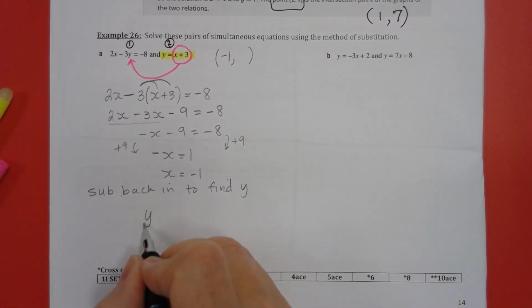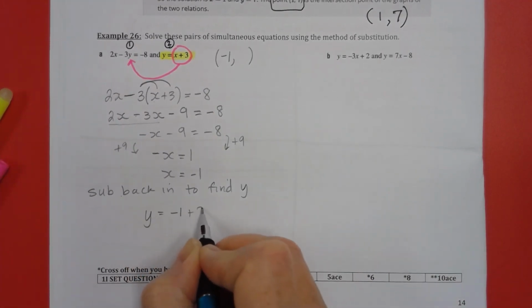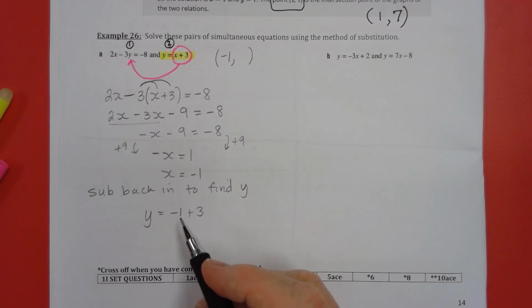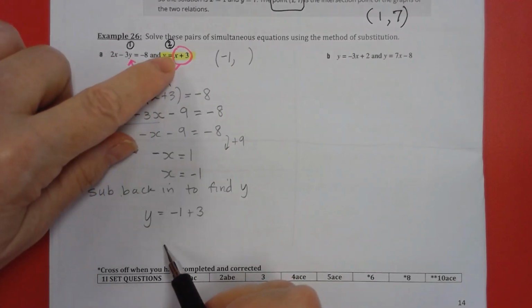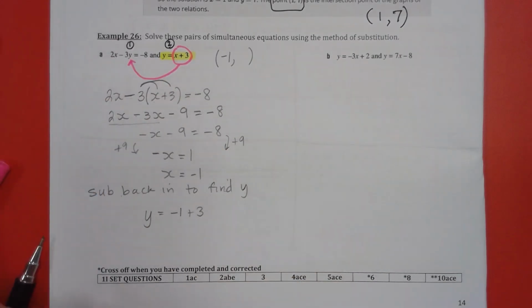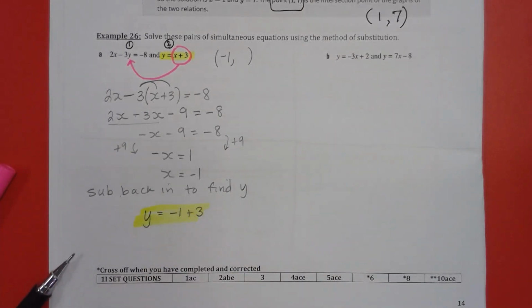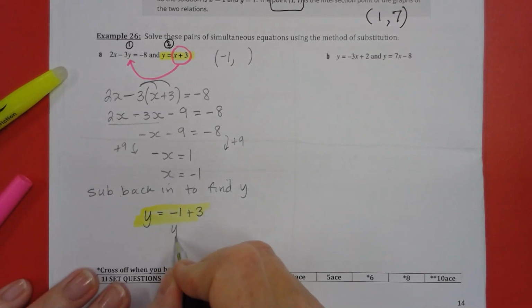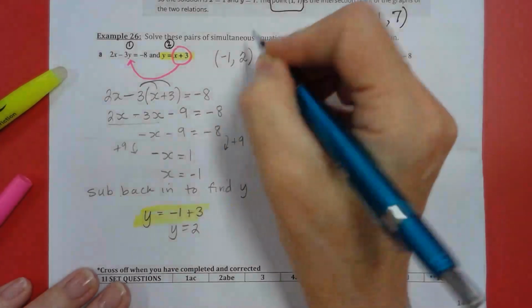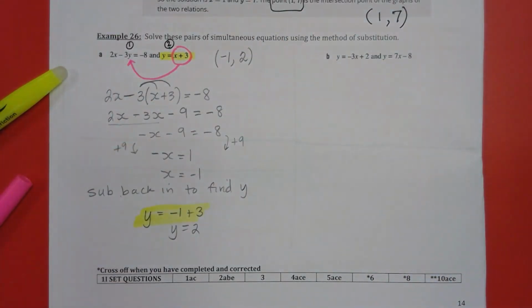I'm going to go y equals negative 1 plus 3. So I put it in there in the yellow one. I'll make it yellow. So y equals 2. So I've got my whole point. That's where those two intersect.